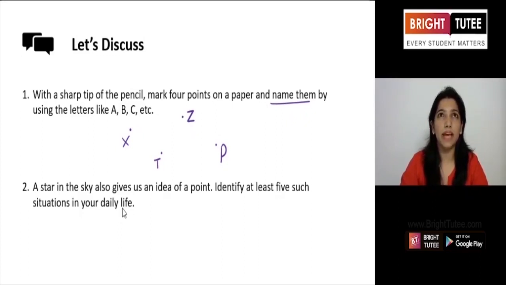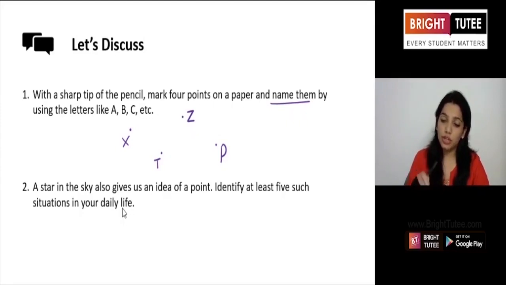What more examples can we think of? Say you are making a painting and you have a toothbrush in your hand. Dip the toothbrush in color and with your finger just spray a little bit on the sheet. These little dots of color that you will see on the paper will act like small little points on the sheet.